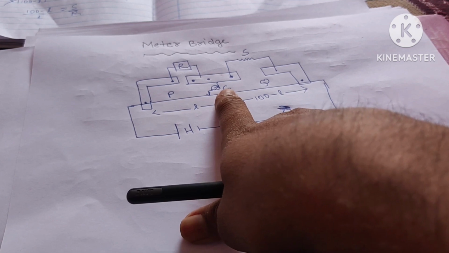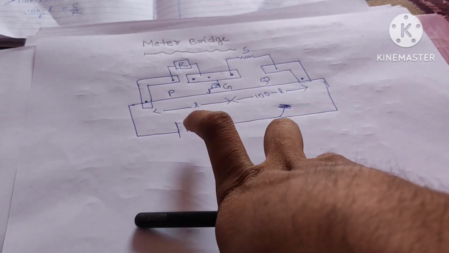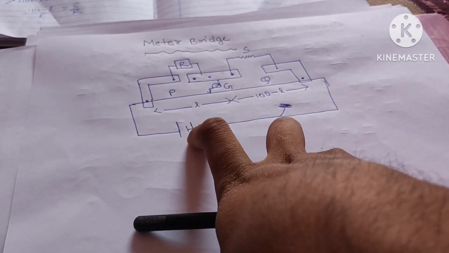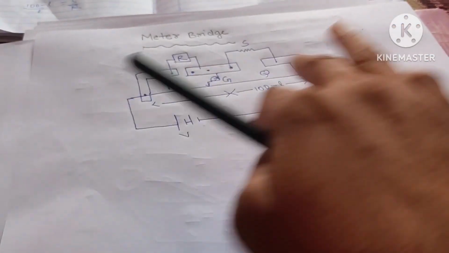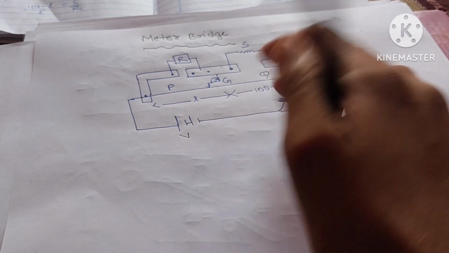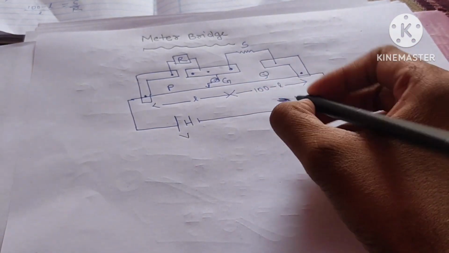Okay, and it is detecting, and this is a potential, this is V, voltage. Okay, and this is a switch. So this is what the figure is all about. So we are going through the steps.